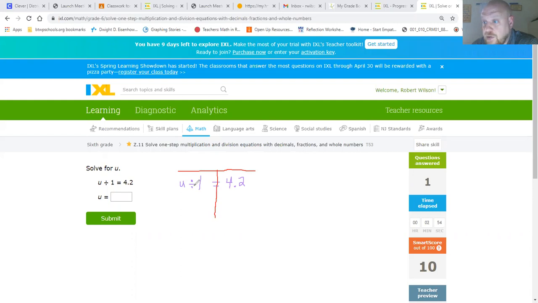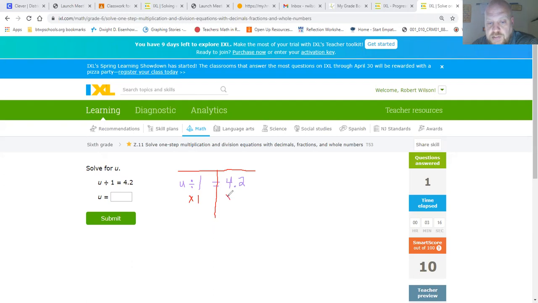I see that this is division, and I see that the variable is not by itself. So since the variable is part of the operation that's happening, this tells me I have to do the inverse operation to solve this. So the inverse operation of dividing by 1 is multiplying by 1.